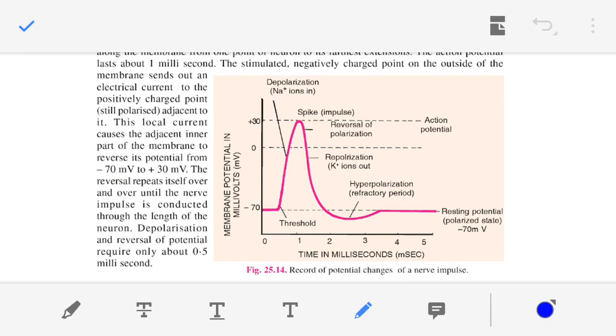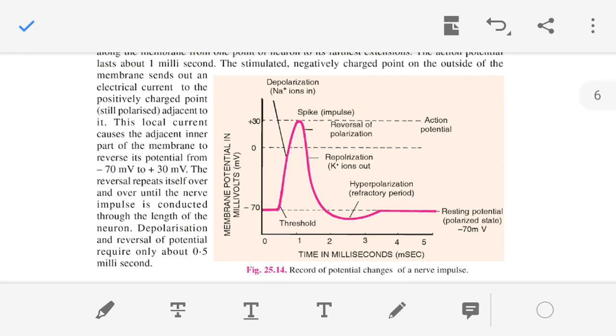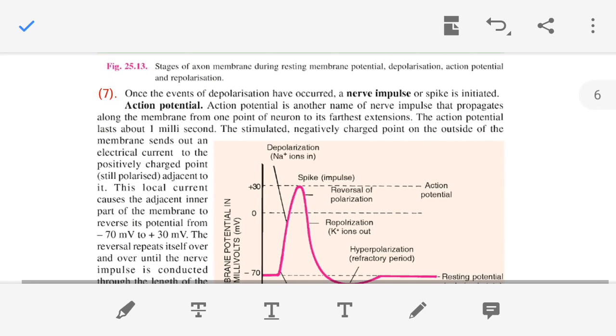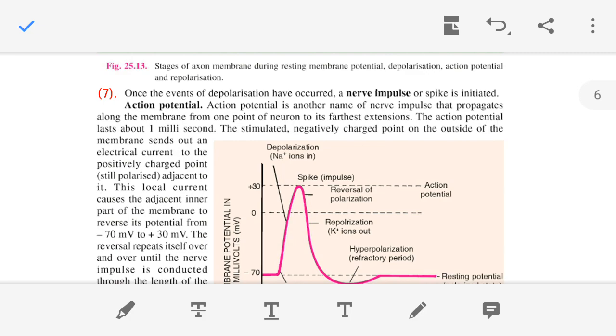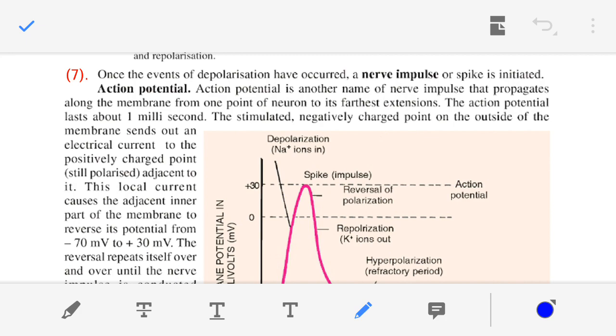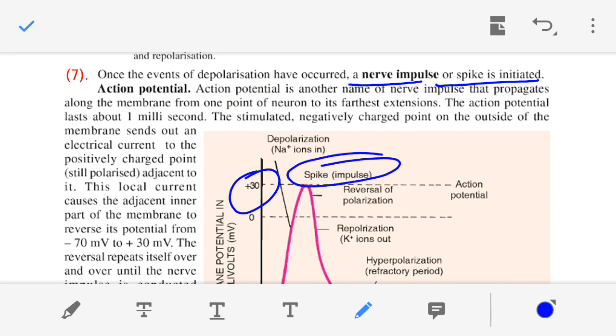From this point, the nerve impulse starts propagating. The depolarization wave is going to spread over the entire length of the neuron. Once the event of depolarization has occurred and this plus 30 mV value is achieved, the nerve impulse or the spike is initiated. This is the initiation of the nerve impulse.